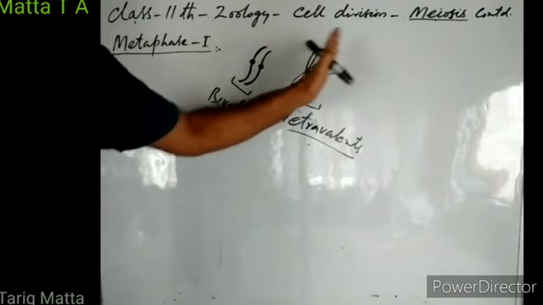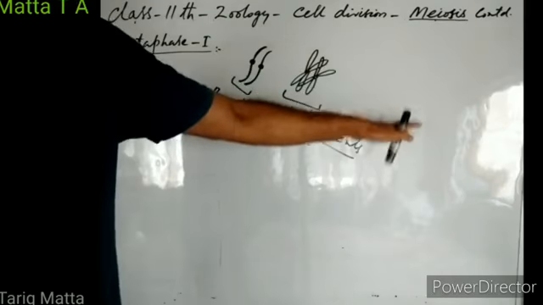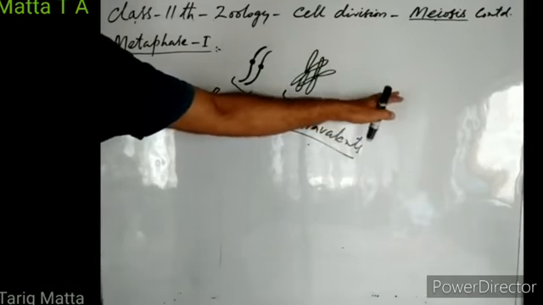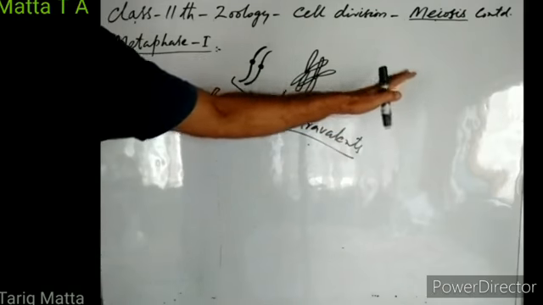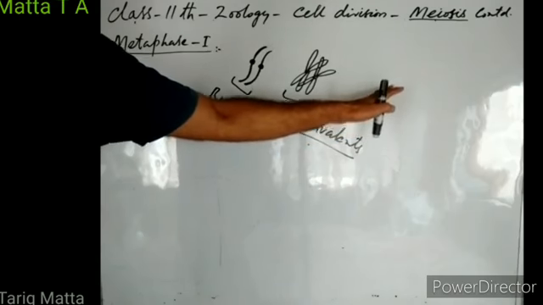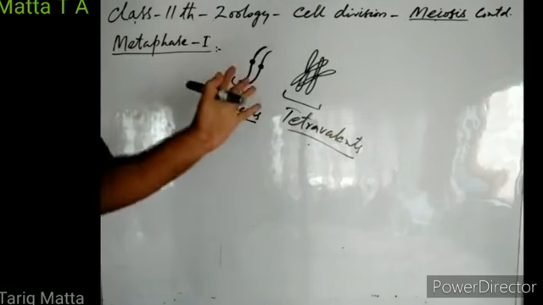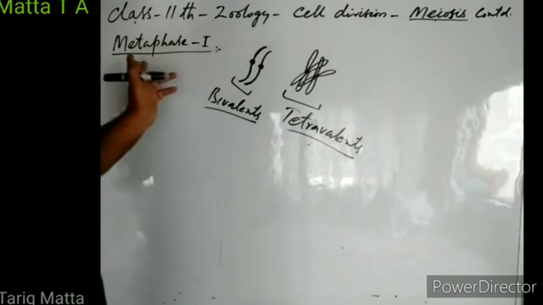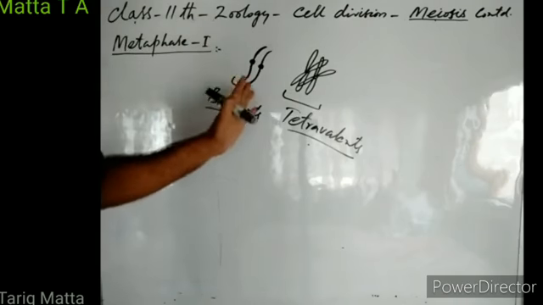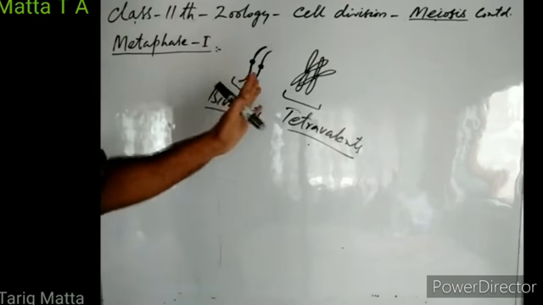In diakinesis, the centrosomes have completed the formation of the spindle, and the nuclear membrane and nucleolus of the cell disappear. These homologous chromosomes start aligning at the equator of the cell. So these were the main events of prophase first of meiosis first.